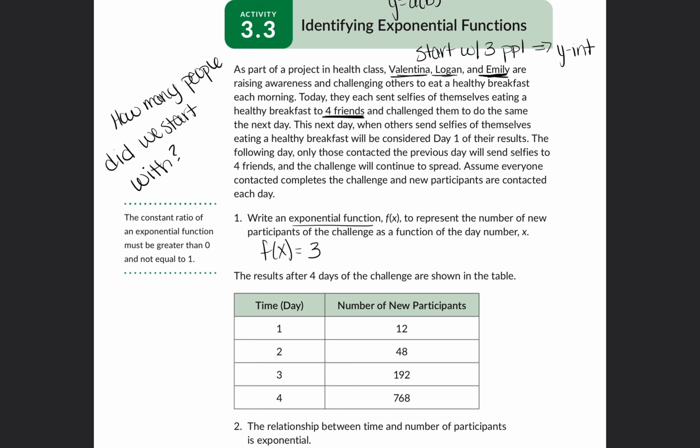Well, this 4 friends is going to be my b, because that's how many times they are changing. So 4 and then an exponent of x. So again, we started with 3 people, so that's my y-intercept, and the constant ratio, which we talked about yesterday, is going to be 4. So it's going to be multiplying by 4 every single time.